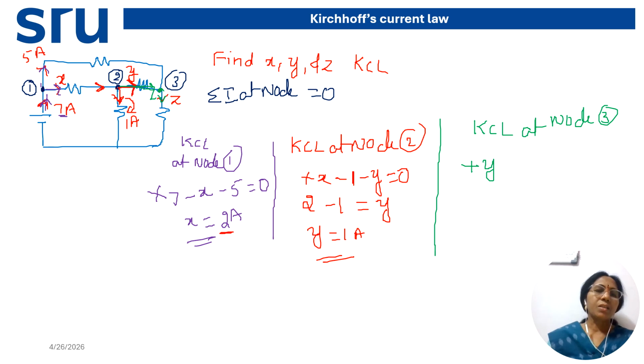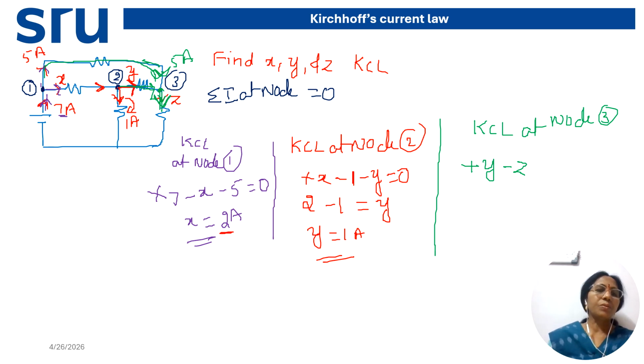Then next, Z current is leaving the node, so it is minus Z. Okay. And here in this branch 5 ampere current is flowing like this. Is it right? So this is 5 ampere.